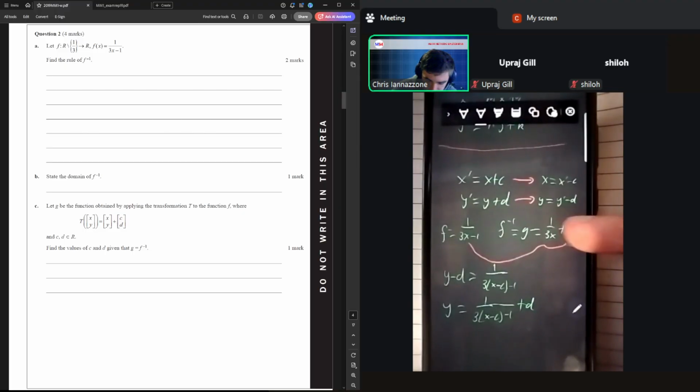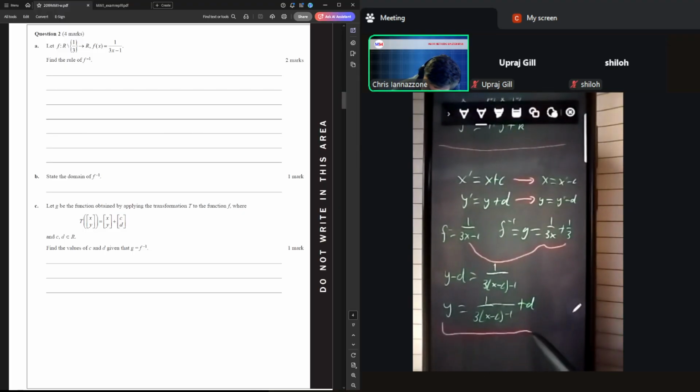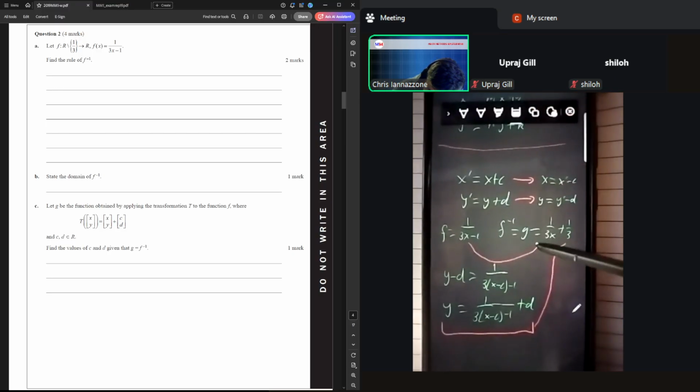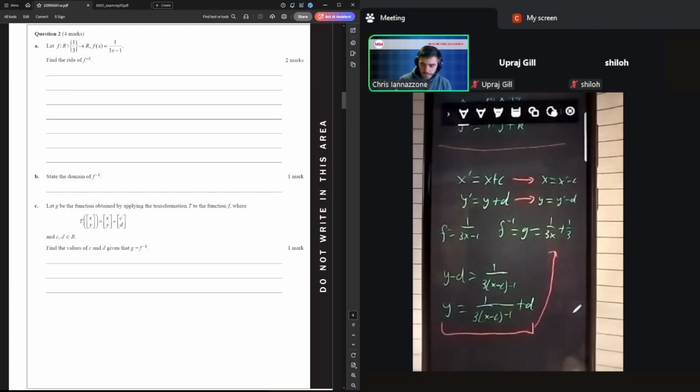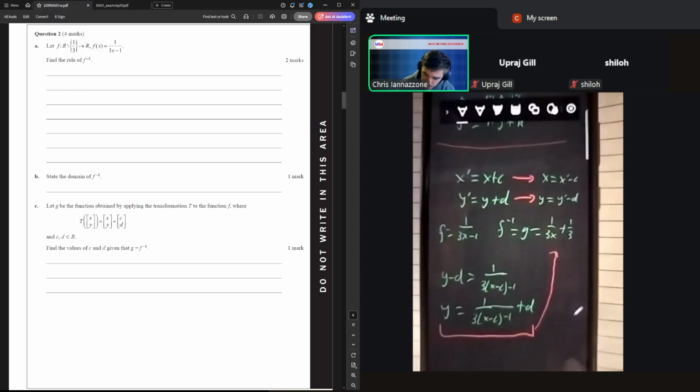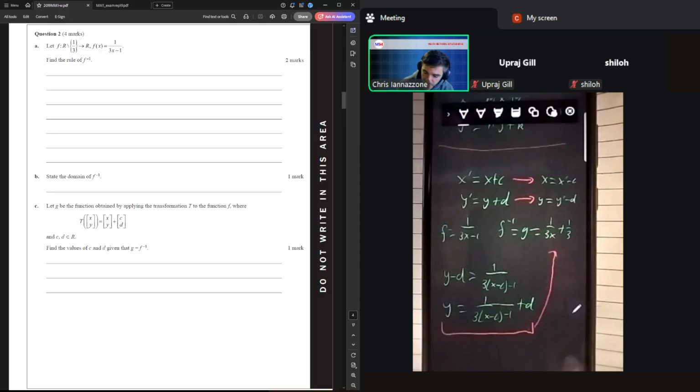When you have that, this is now a lot more comparable to that. You can now imagine, hey, what would I have to plug in for c or d, or both, to make it look identical?